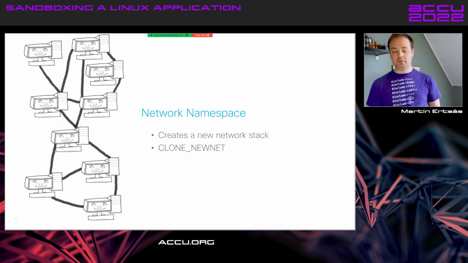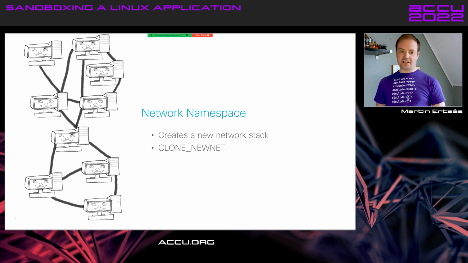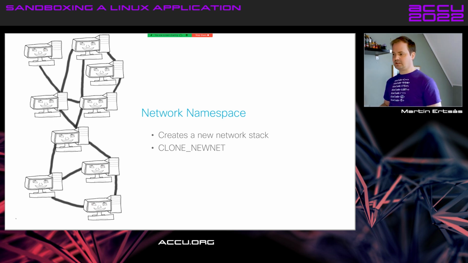The last namespace we'll look into is the network namespace. The network namespace creates a new networking stack. It gets its own set of devices. It also gets its own IP tables set up. Like it's a full new networking stack.